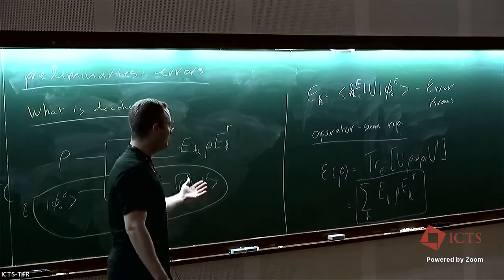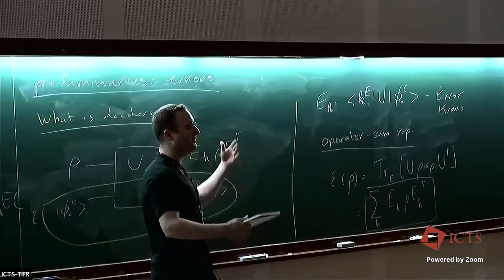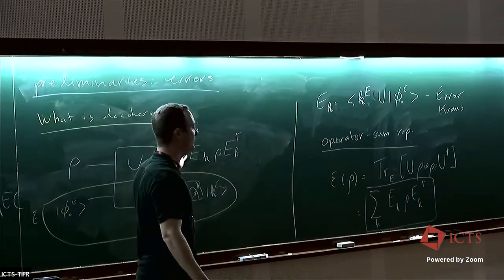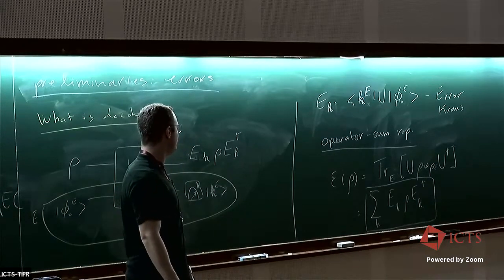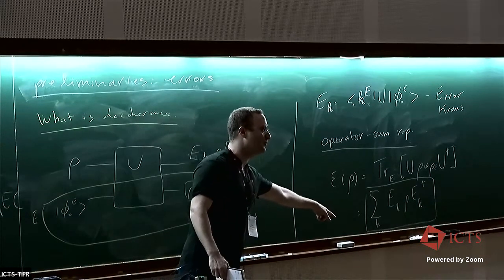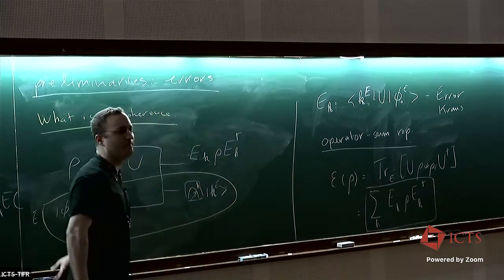If you don't know what the measurement outcome is, you have a probabilistic, a classical sum over these different options corresponding to each measurement outcome. Okay, so the sum is on K. The sum is over K, yes.